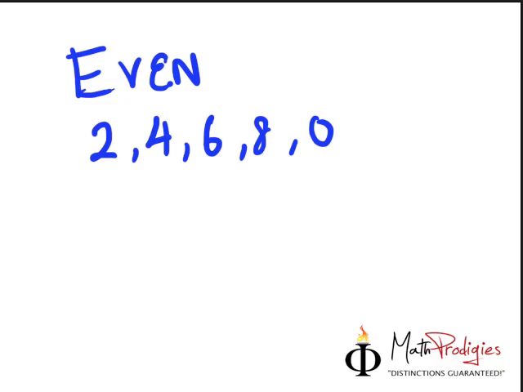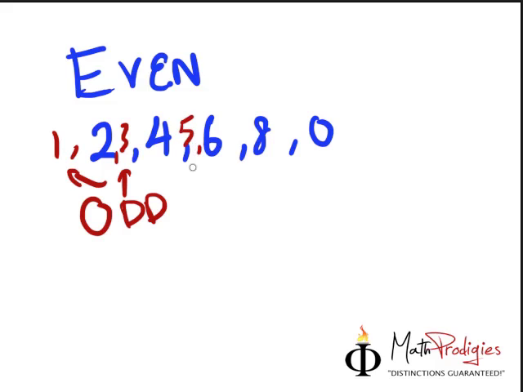The odd numbers are the ones that are next to those numbers, for example, 1, 3, 5, 7, and 9. So the ones in between those numbers are odd. Okay, so good. Very simple.